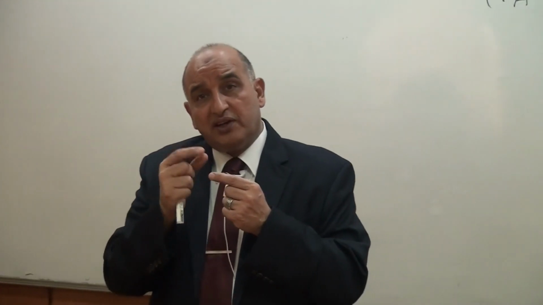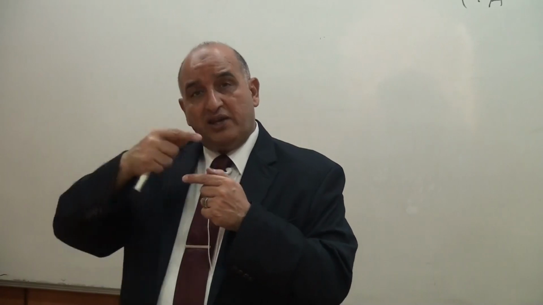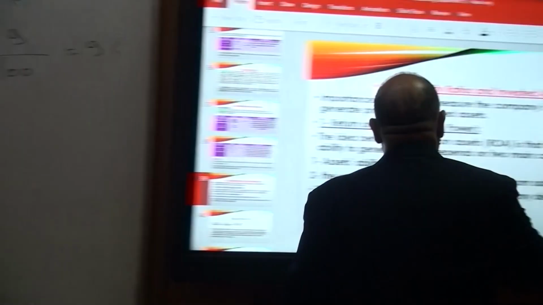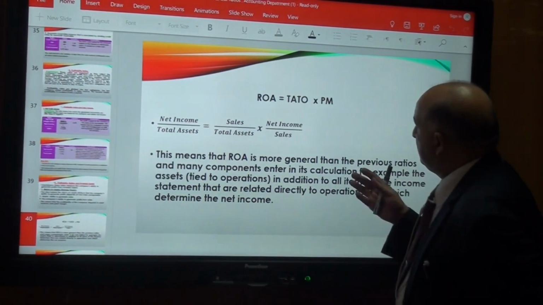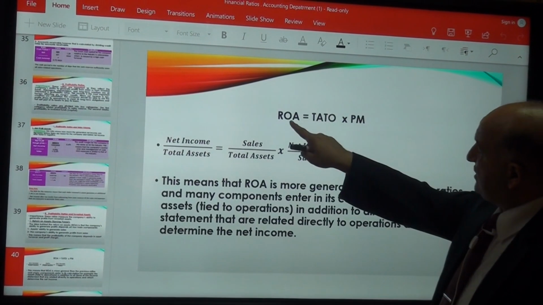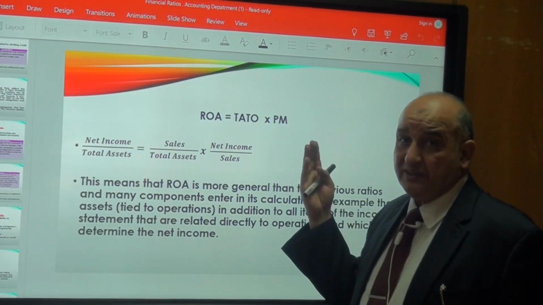Why? Because in each turnover, you generate a small profit. So by increasing the turnover, in the end, you will have a very high profit. This is why we can calculate the earning power, which is the ROA, by using the idea of the turnover.